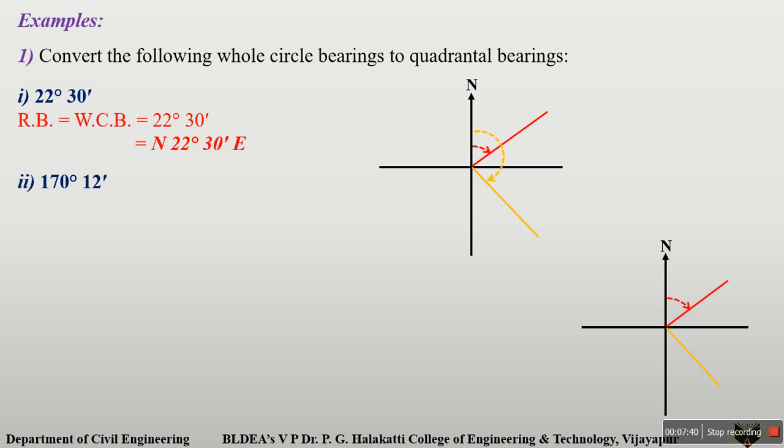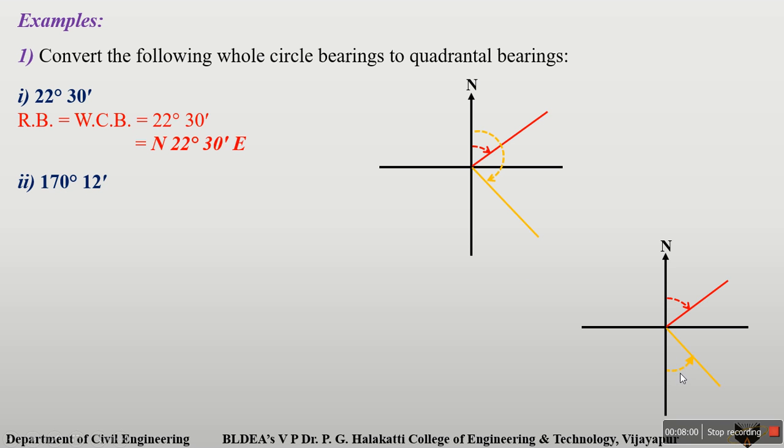But the same line is present in the second quadrant. In the second quadrant, the measurement of the quadrantal bearing system is from the south towards the east side, like this. This is our RB and this one is our WCB value. So here we have to calculate this much of value.